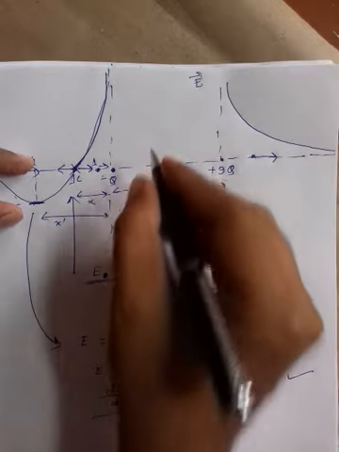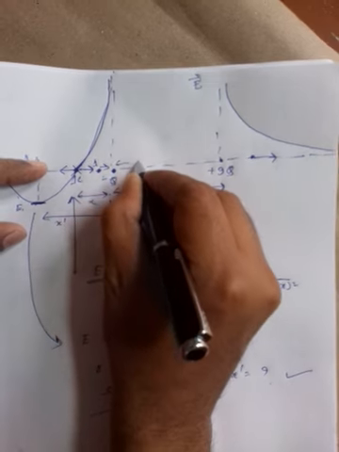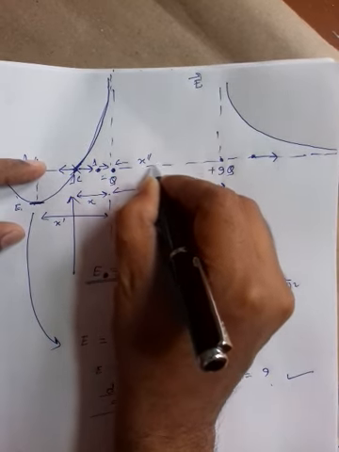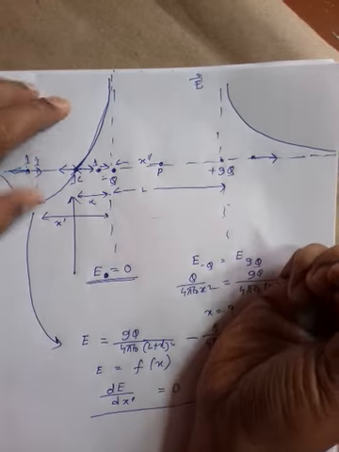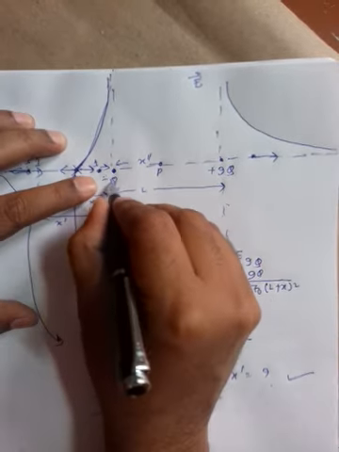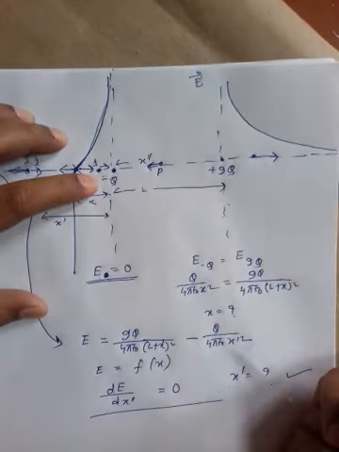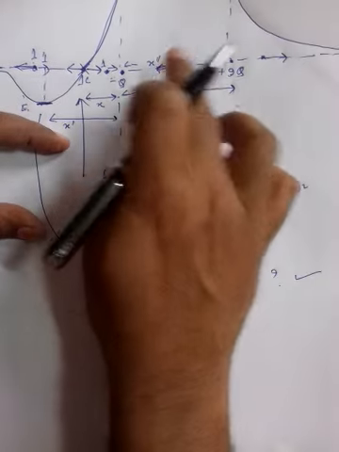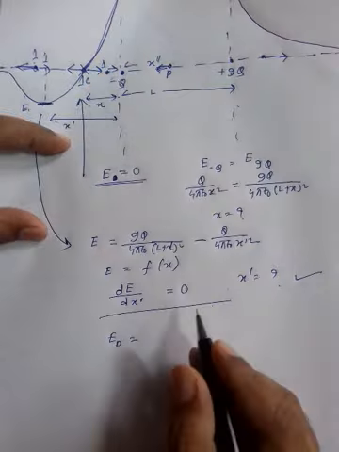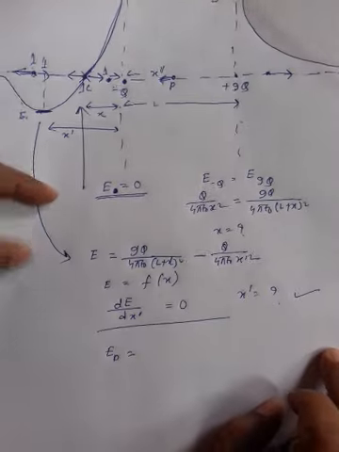Clear? The same idea is valid in the middle part also. If you consider the middle part, say at some x double dash distance, a point here, say P. At this point also there will be field because of minus q like this and field because of 9q like this, both on the same side. So the total field at this point P comes from the sum of these two. Just assume a 1 coulomb charge, and look at in what direction it moves.